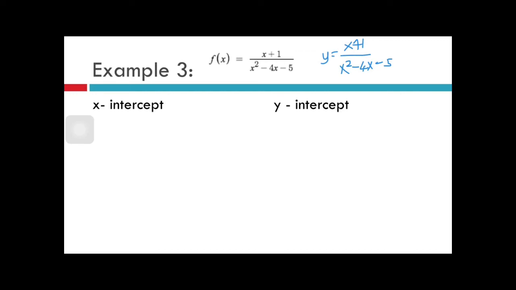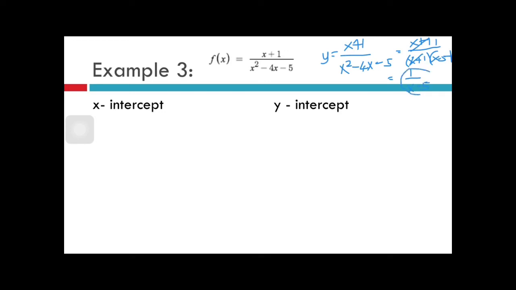If we factor our denominator, that will give you x plus 1 paired with x minus 5. Since x plus 1 is a common factor, we can reduce this. So what's left now is 1 on top. Our new function this time is y equals 1 over x minus 5.